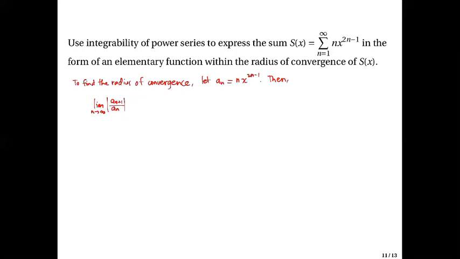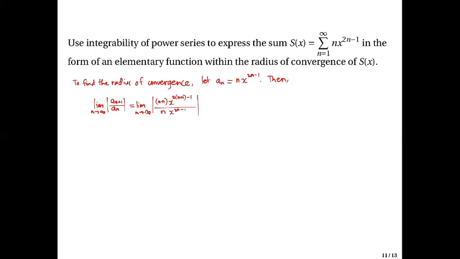So this is equal to the limit as n approaches plus infinity of the absolute value of n plus 1 times x raised to 2n plus 1 minus 1, all over n x raised to 2n minus 1.